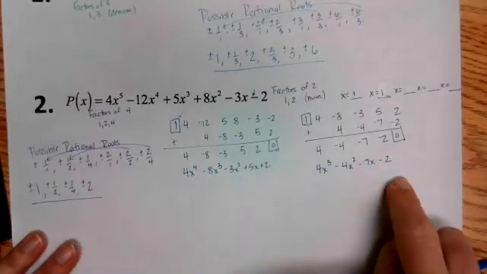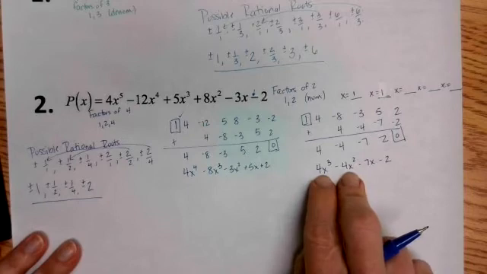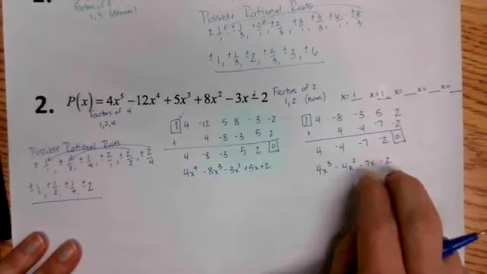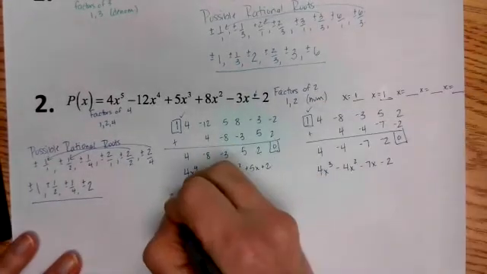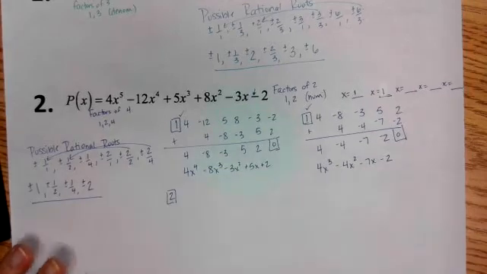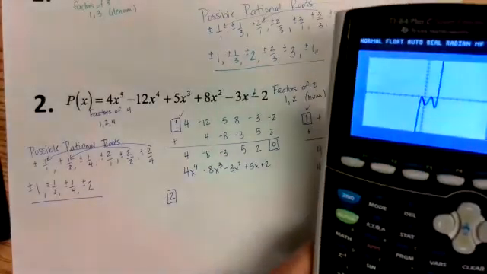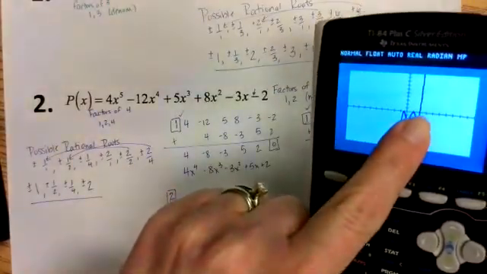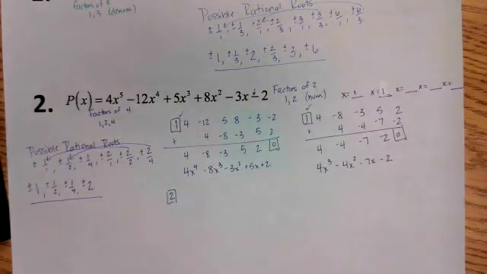With these 4 terms, I might be able to factor by grouping, but if I put together these with a 4x squared coming out, that won't give me the 7x minus 2. So I'm going to do division again. I've exhausted my 2 ones. So the other whole number that it hit at was 2. So I'm going to do the 2 next, and then I should come out with these fraction answers.